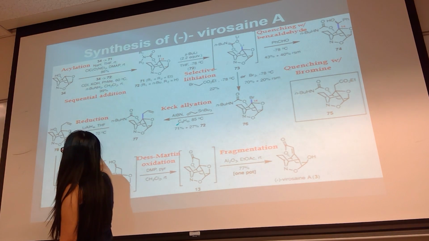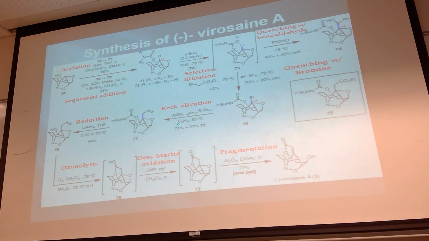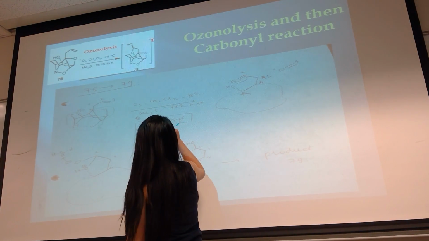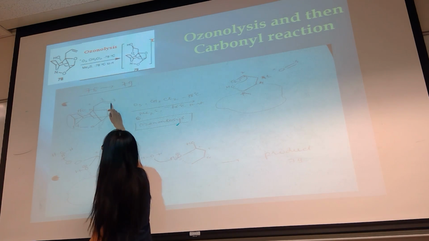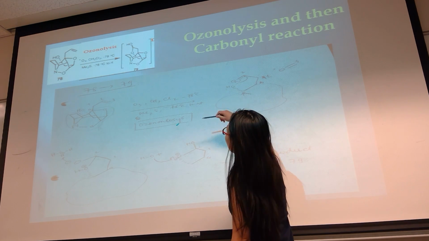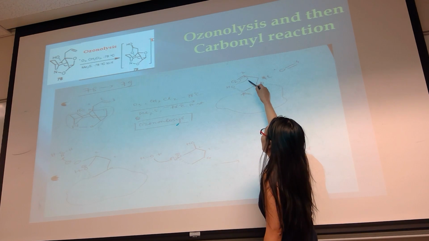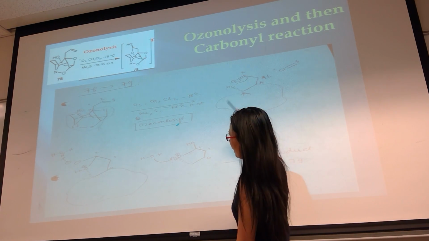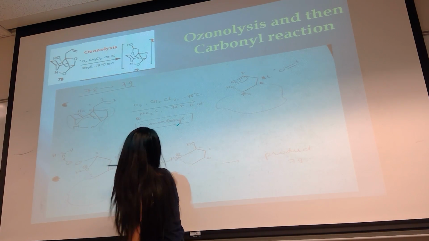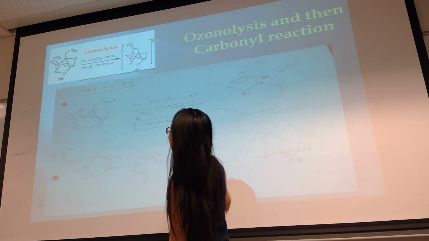The ozonolysis will apply to this double bond here. So the double bond here will become an aldehyde, and the OH group of this molecule will attack the aldehyde group, and the hemiacetal will be created, and we got the product 79.